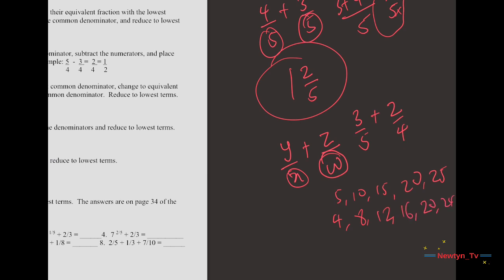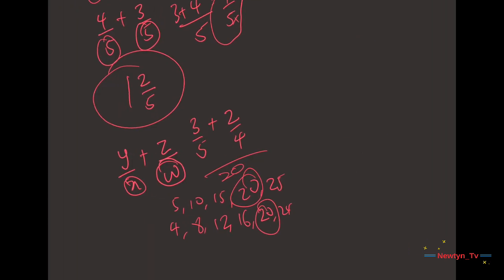Now the lowest common multiple that we found in these multiples here is 20. So therefore the LCM here is going to be 20, right? So that will be 3 on 5 plus 2 on 4, which will be over 20, right?